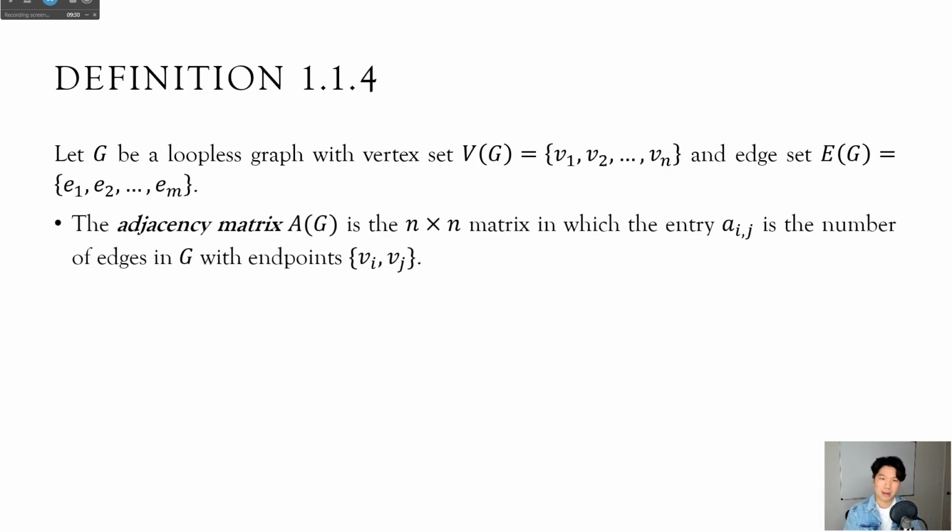Remember, what does it mean to be adjacent? That means I have two vertices that are connected to each other with an edge. So the adjacency matrix A of G is an n by n matrix where the entry i, j is the number of edges in G that have the endpoints vi and vj.